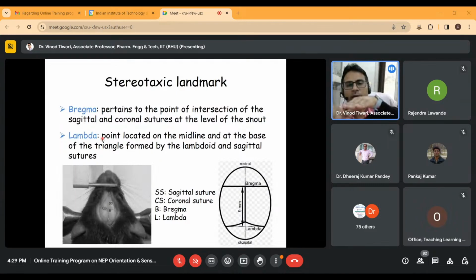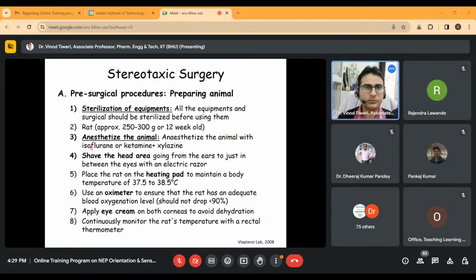So your injection may not be accurate if the head of the animal is not straight. If bregma and lambda are on the same level, only then does that tell you that the head of the animal is completely straight. After this, if you perform any injection in these animals, it will accurately be delivered to that brain region only.